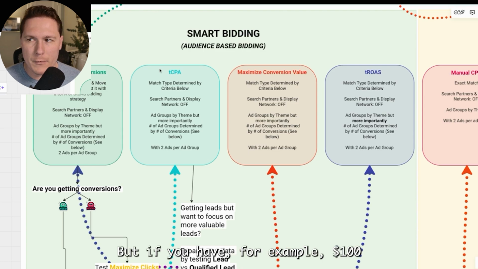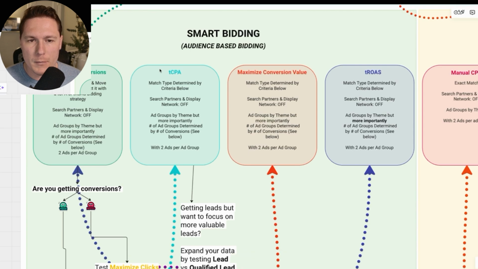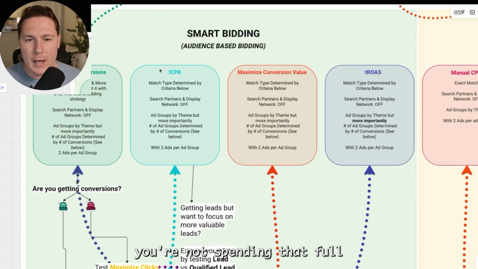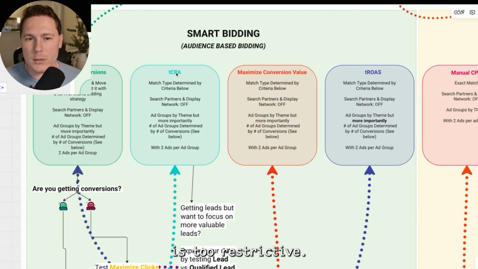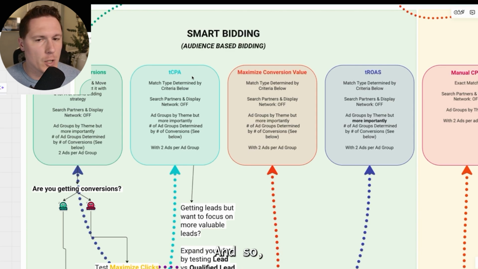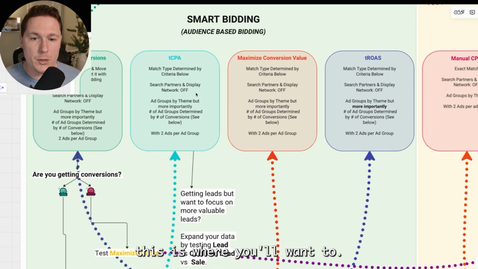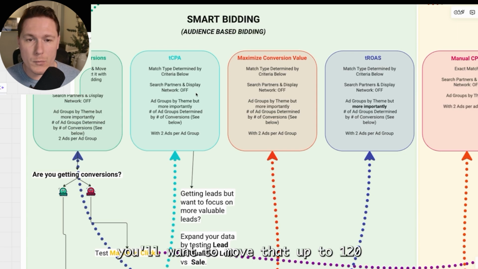But if you have, for example, $100 per day for the search campaign, and over the course of the last 7 days you're only on average not spending that full $100 a day, then that means that your TCPA goal is too restrictive. What this means is that Google is having a hard time finding audiences. And so this is where, instead of having a TCPA goal of 100, you'll want to move that up to 120 and then monitor from there.